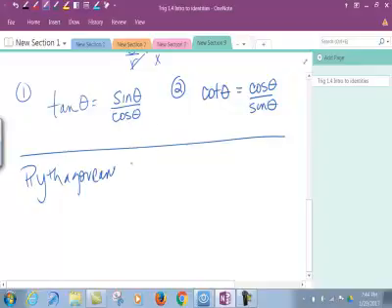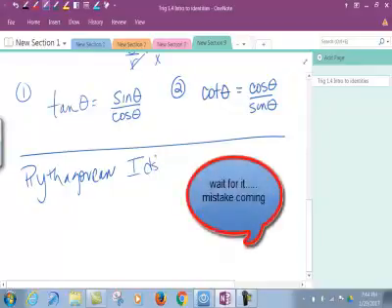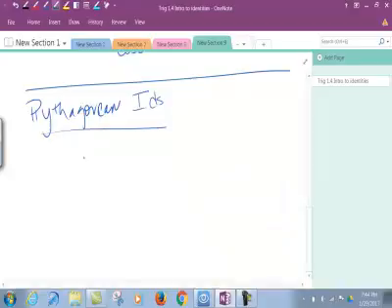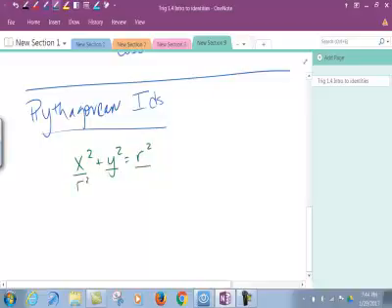It's not exactly the Pythagorean formula. We get to the Pythagorean identities using the Pythagorean formula. Again, I'm going to develop them, but your job will be to memorize them. We know that x squared plus y squared equals r squared is the equation of a circle with radius r. Because it's an equation, we can divide both sides by the same amount.